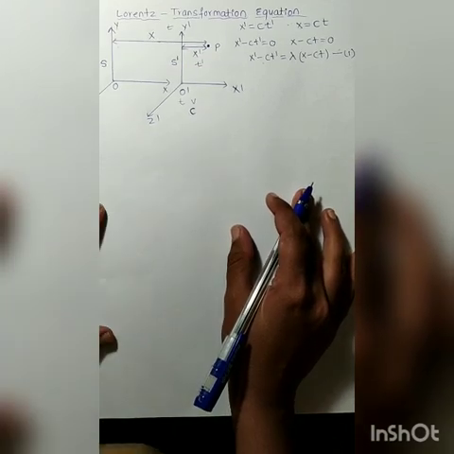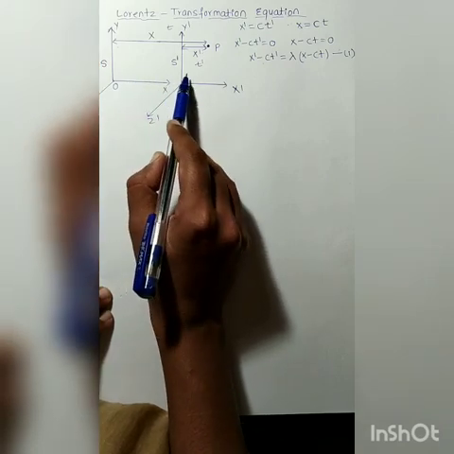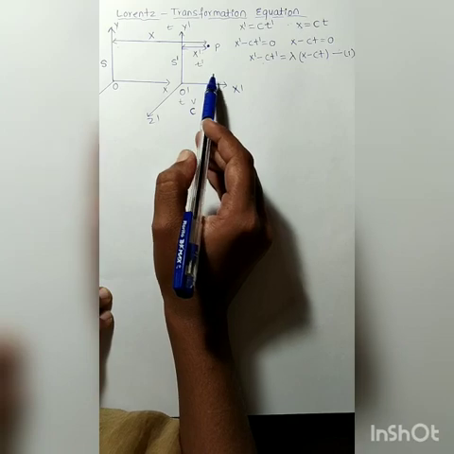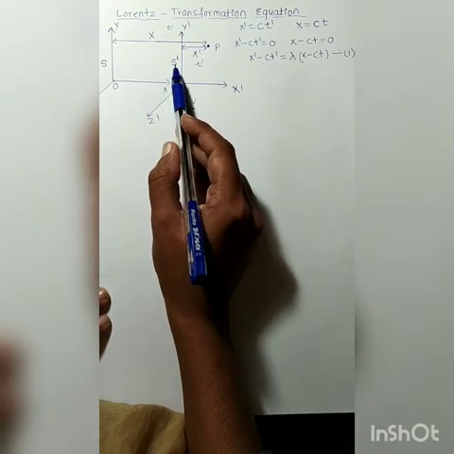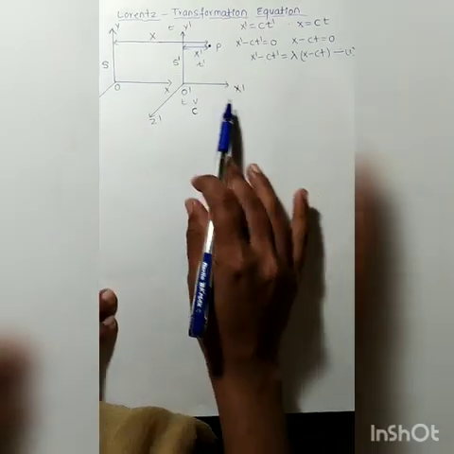Now this is the case when the s dash frame is moving along the positive direction of the x-axis. Now I will take the reverse order. Reverse order means this s dash frame is moving along the negative direction of the x-axis.